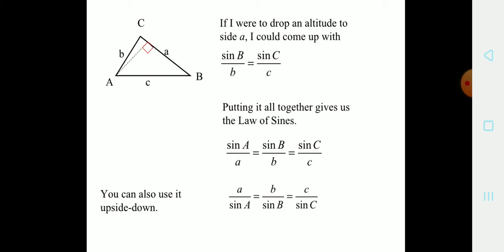Put it all together as the law of sines: sin A over a equals sin B over b equals sin C over c. So a over sin A equals b over sin B equals c over sin C. You can also use it upside down.